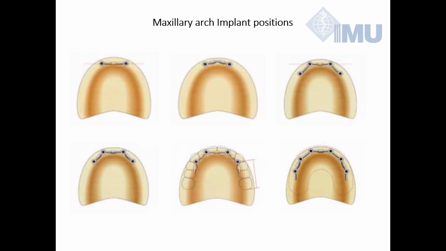Generally, the literature indicates that four implants in the maxillary arch are more preferable than two implants, because in that case you can remove the palatal portion of those dentures. Why four implants?